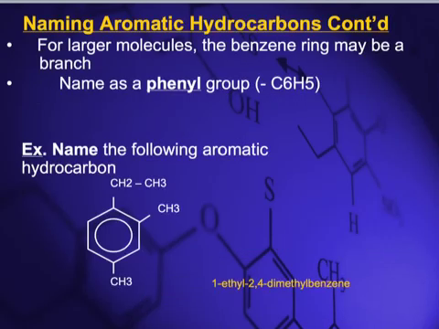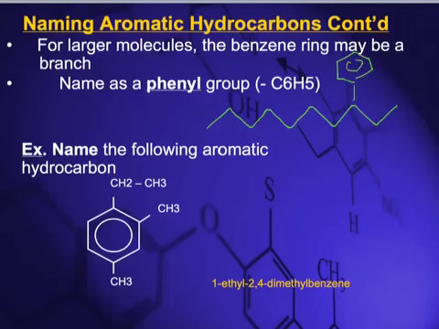As an aside, sometimes the benzene ring can be considered as a branch. This is useful for really long chains. So for example, if we have something like 1, 2, 3, 4, 5, 6, 7, 8, 9, 10, a 10 carbon chain, and let's say there is a benzene ring here.